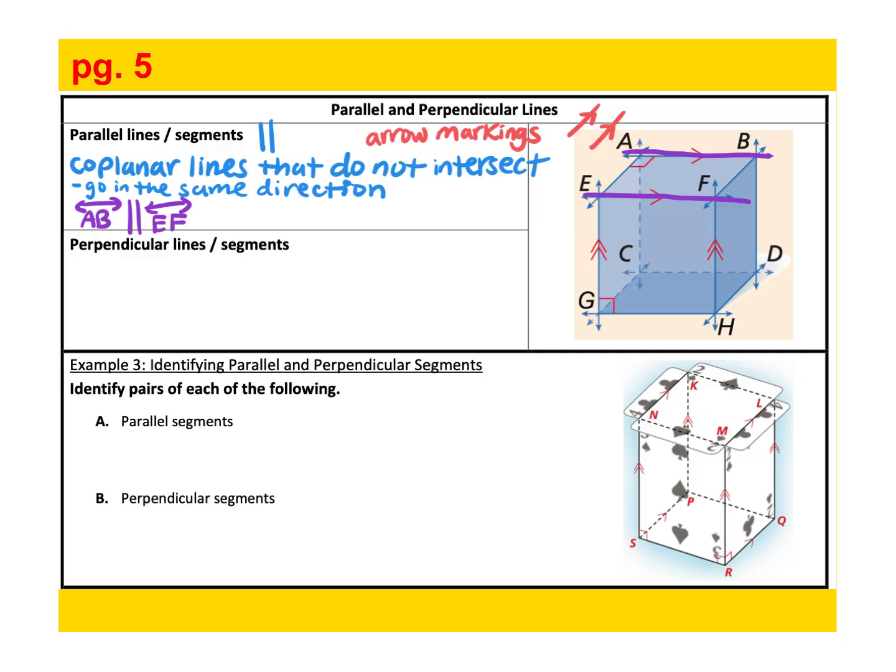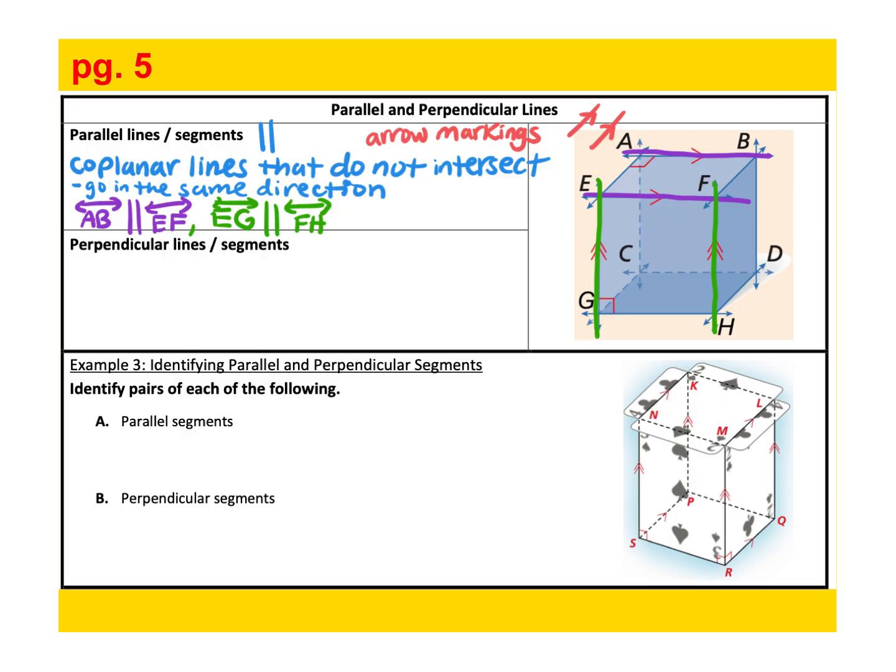Let's get another example here. We could look at EG and FH are parallel as well. And then they don't have to be right next to each other either.